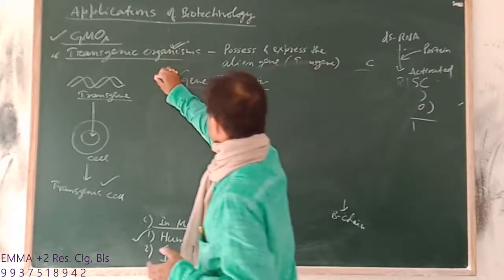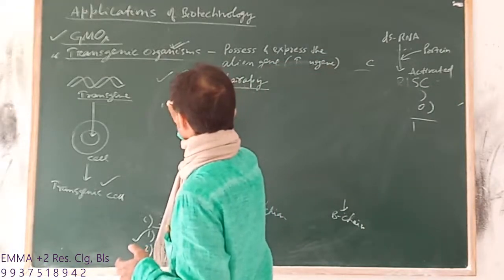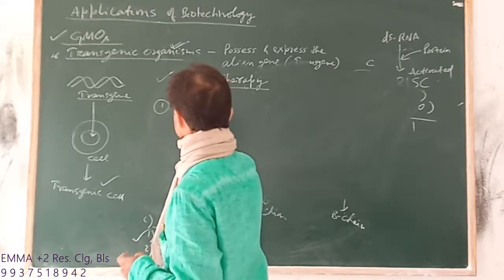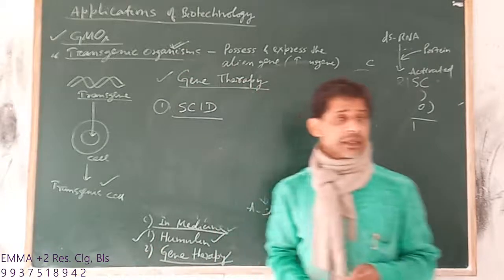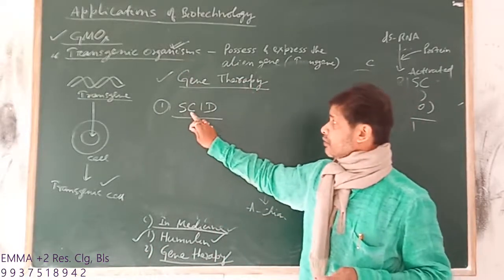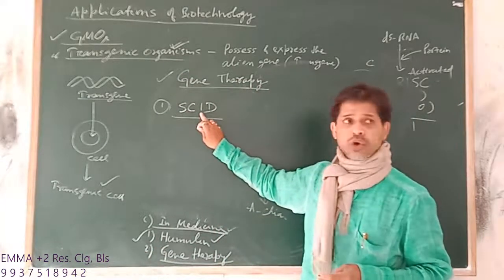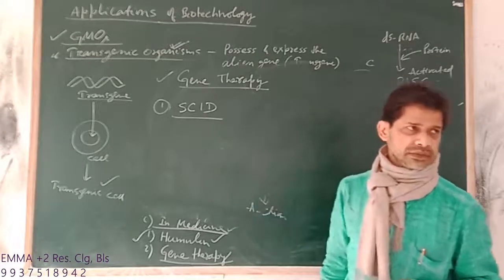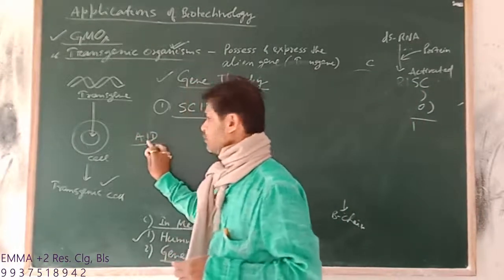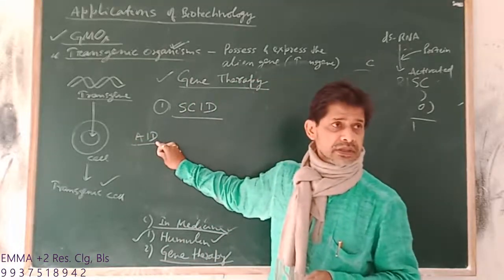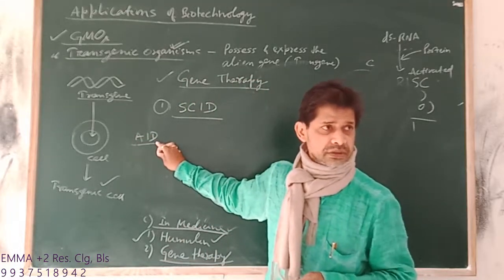We will know by discussing one disease, that is SCID, severe combined immunodeficiency. You know another immunodeficiency, AIDS, acquired immunodeficiency. It is a viral disease.